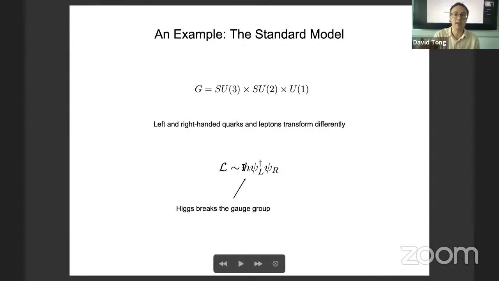And they get a mass when the Higgs boson gets an expectation value, but in getting an expectation value, it also breaks the gauge group, it breaks SU2 times U1 down to electromagnetism. And the question we want to ask is this necessary, or is this just an artifact of weak coupling physics? In particular, is it, for example, possible that there's some other way that the fermions in the standard model may get a mass that does not break electroweak symmetry? So that's the kind of question that we're going to ask.